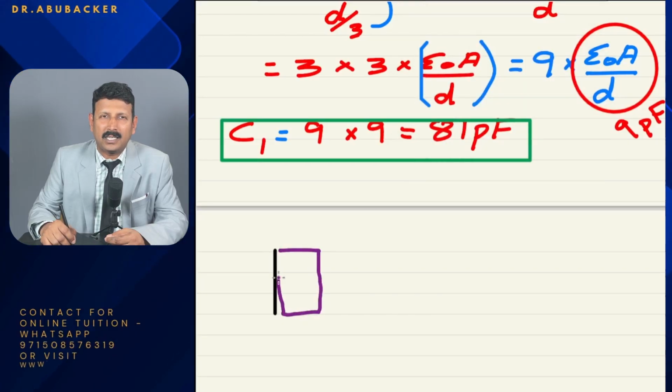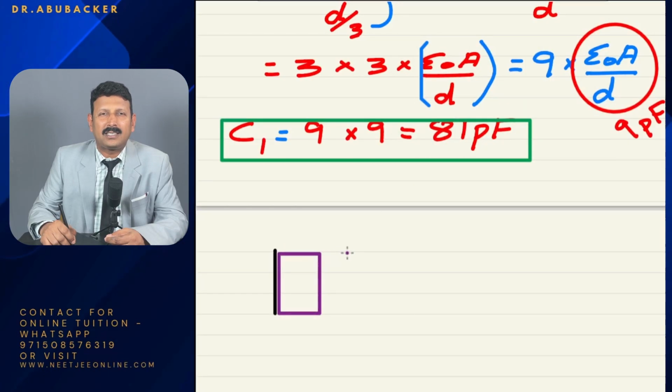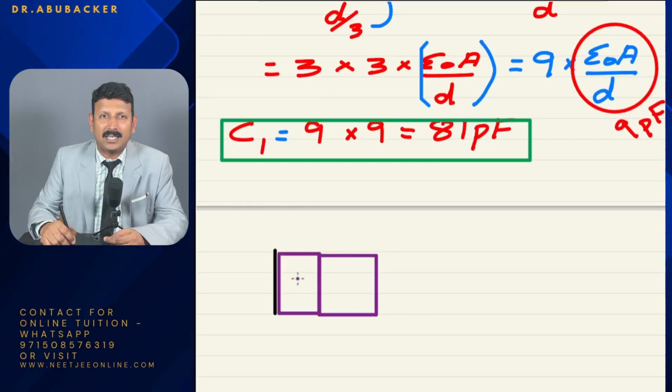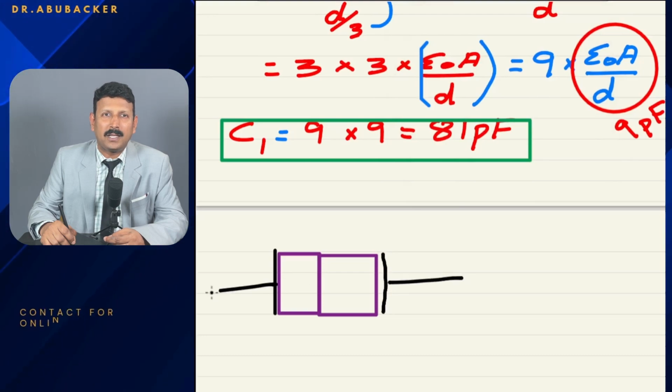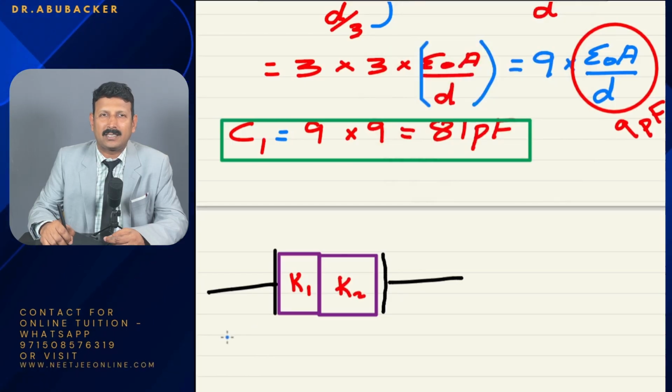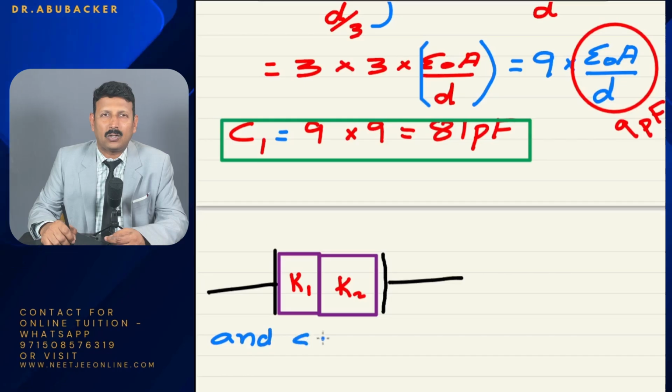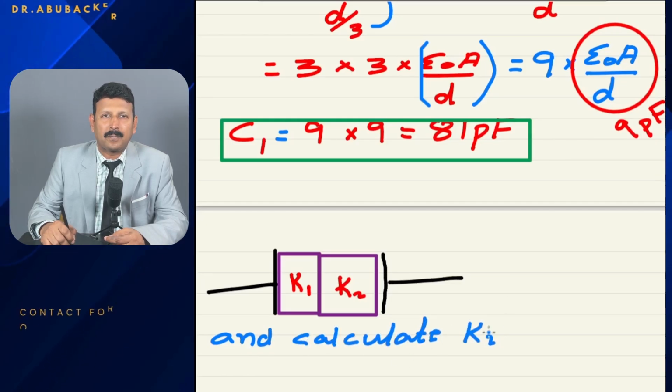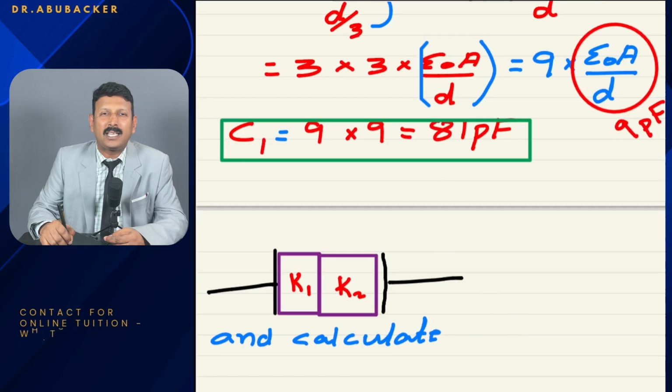First we wrote the initial value of capacitance. Second we wrote the capacitance of the region when K1 is inserted, and found C1 is 81 pF. Now, K2 dielectric constant is also placed after K1, K1 and K2 in series. And we calculate C2 now.